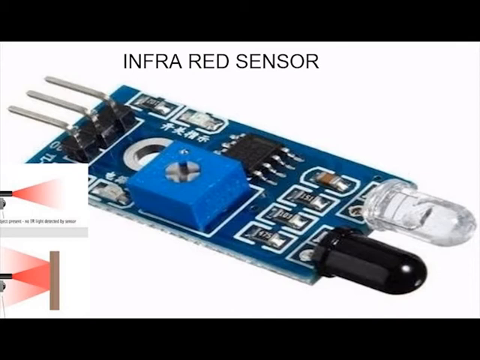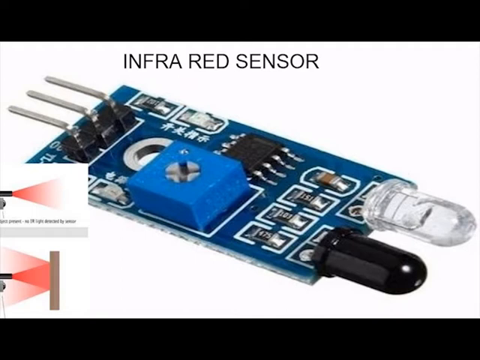IR sensors, or infrared sensors. IR or infrared light is an electromagnetic radiation with wavelengths longer than those of the visible range of light.